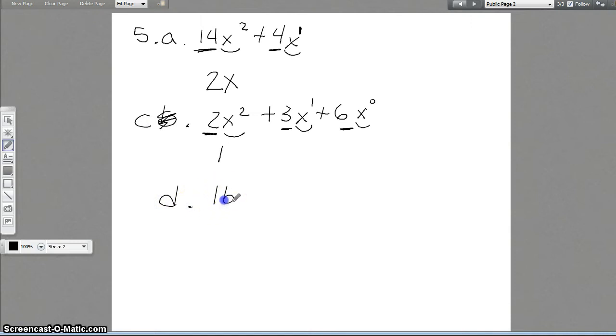Part D is 16x squared minus 40y squared. Again, we're going to look first at our coefficients. Our coefficients are 16 and 40. What's the greatest common factor?